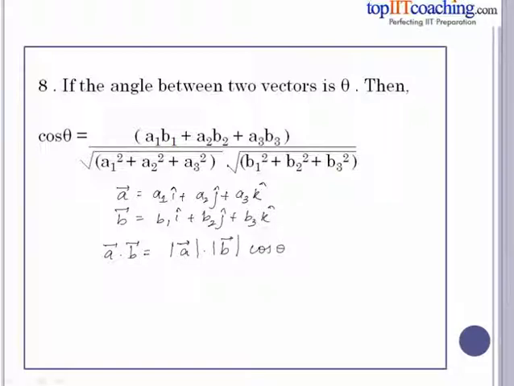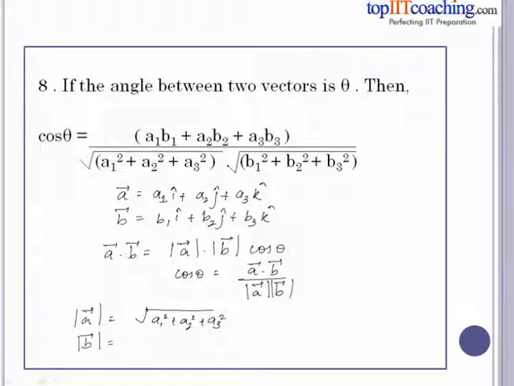So cos theta would be equal to A dot B divided by the magnitude of vector A into magnitude of vector B. Now we know that A dot B would be equal to A1 B1 plus A2 B2 plus A3 B3, and similarly the magnitude of vector A would be equal to under root of A1 square plus A2 square plus A3 square, and the magnitude of vector B would be equal to under root of B1 square plus B2 square plus B3 square.